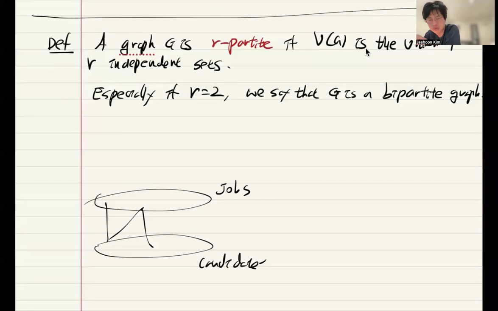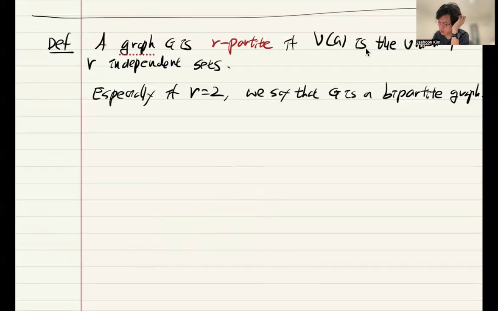It's strictly between jobs and candidates, and those two are disjoint. And this special structure gives you further things that you can do when you are solving problems. So it's a useful concept, being bipartite, or in general being r-partite.